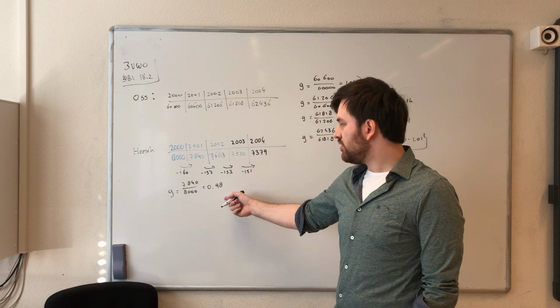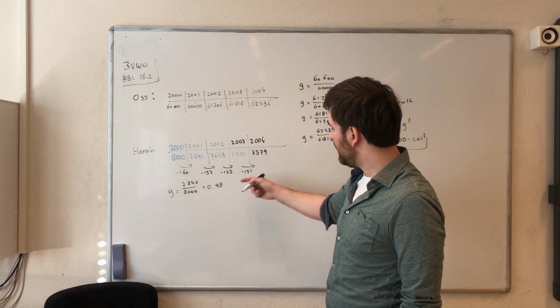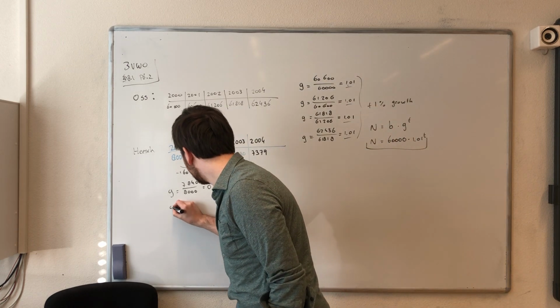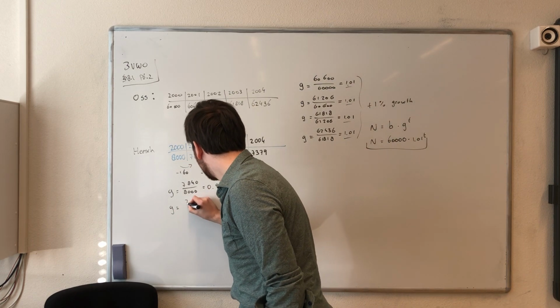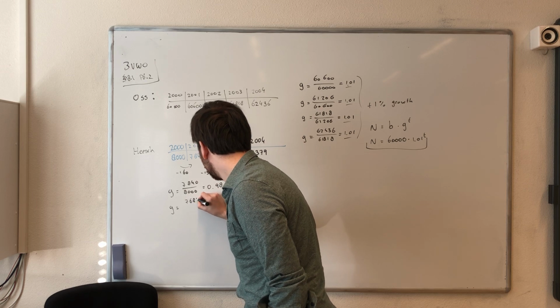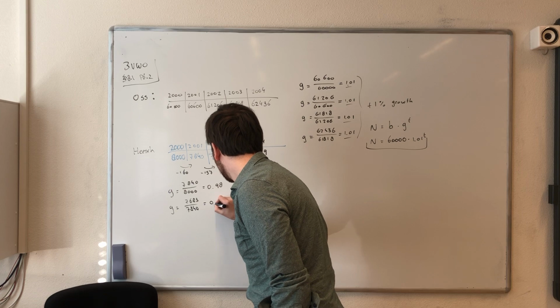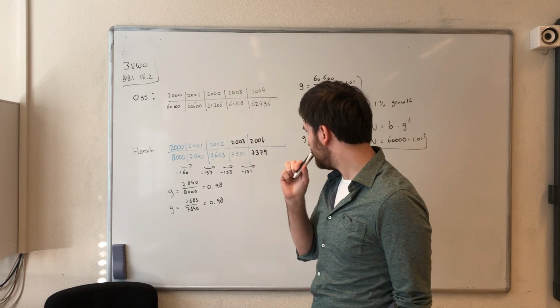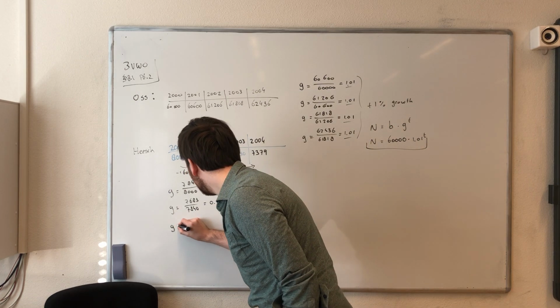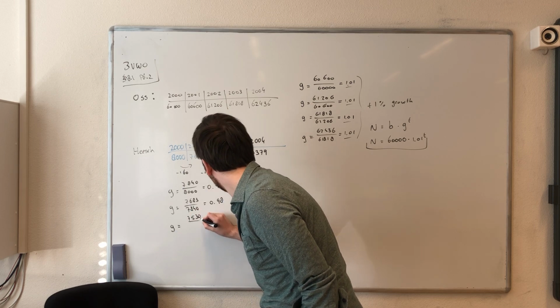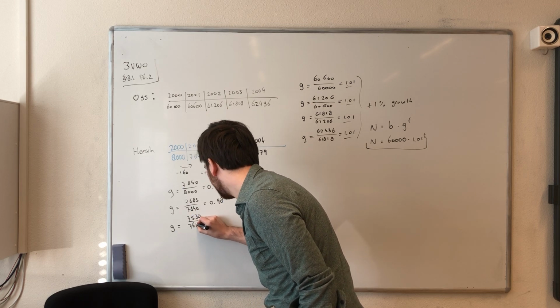If your growth factor is below 1, it means it is decreasing. Let's try that again. So g is 7,683 over 7,840, which is 0.98 again. And you can keep checking that for yourself as well, that all of the other numbers also give you that same growth factor.